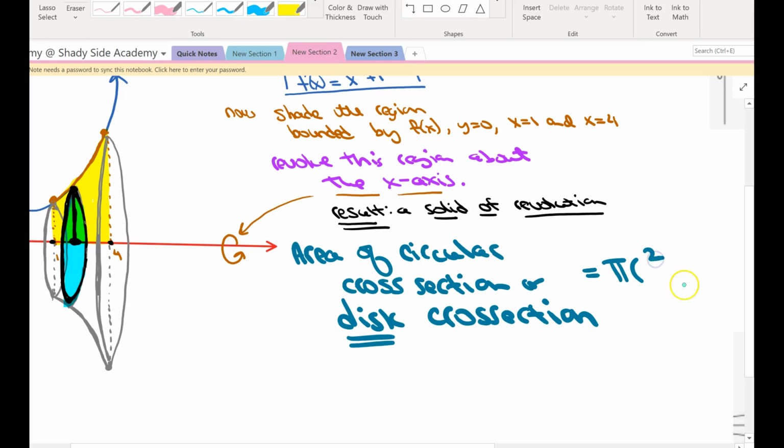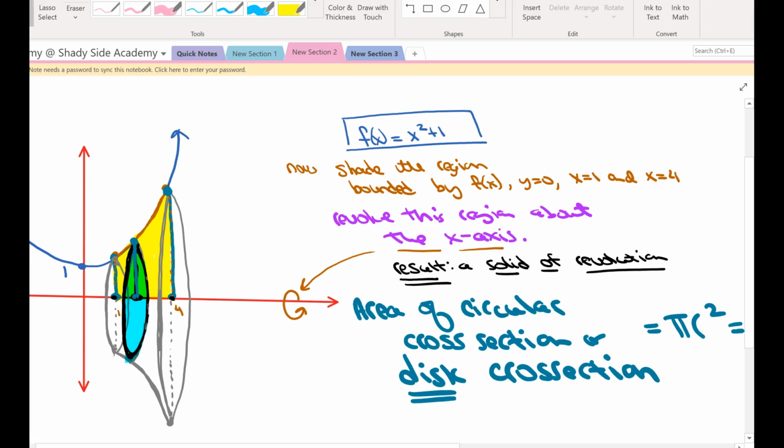Would you agree? Okay. Well, the area of this circular cross-section, I'm asking myself, what is the radius? The radius is from the x-axis up to a point on the function, right? Any cross-section we look at, the radius is from the point on the x-axis up to a point on the function. So what is the radius?